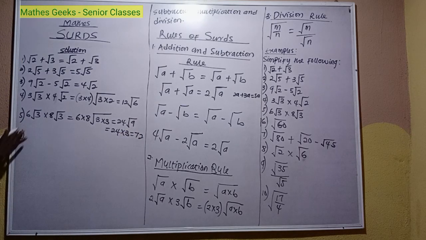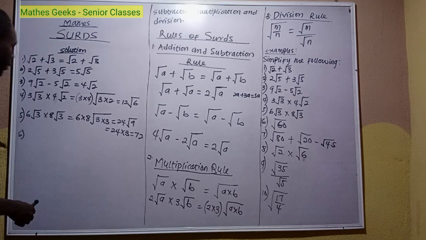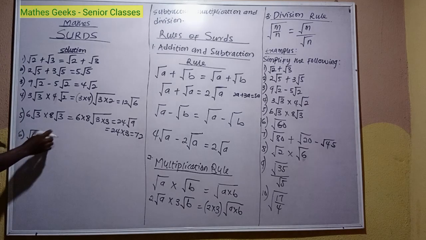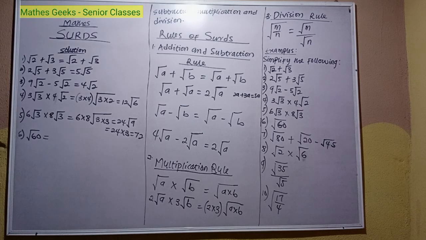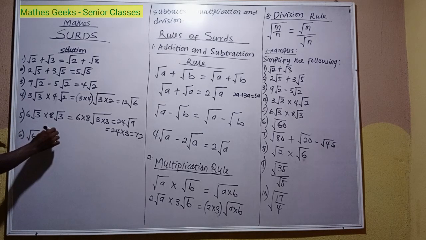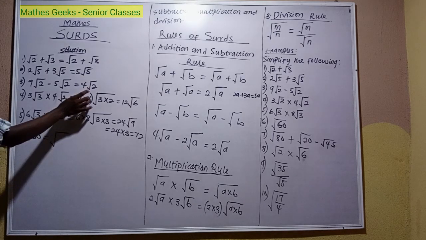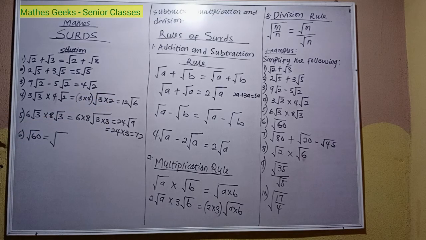Number 7, root 60. For this particular example, if you have to simplify this, it means you need to write 60 in the form of two numbers that we multiply together to give us 60, and the rule is that one of those numbers must be a perfect square such that you can get the square root of that number, and the other one will be in surd form.